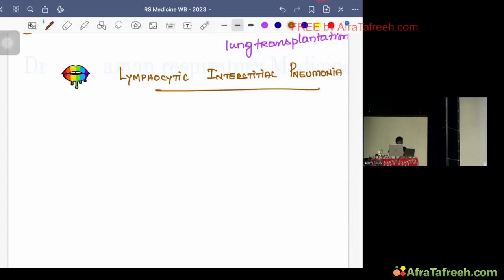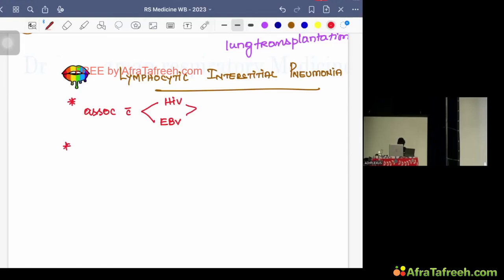Okay, this lymphocytic interstitial pneumonia is a condition associated with HIV infection and Epstein-Barr virus infection. So this is again an uncommon condition, but it is associated with HIV and Epstein-Barr virus infection.